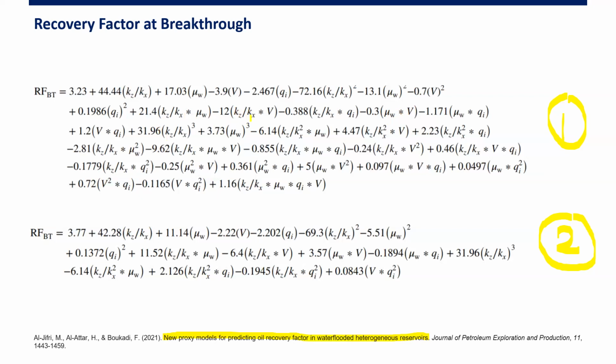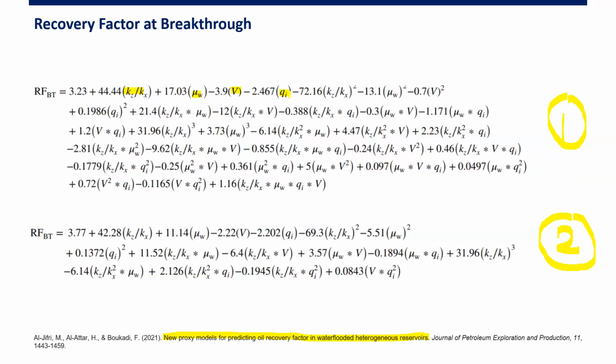So we have 4 key parameters to be varied.